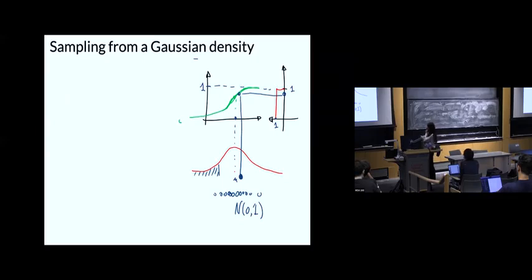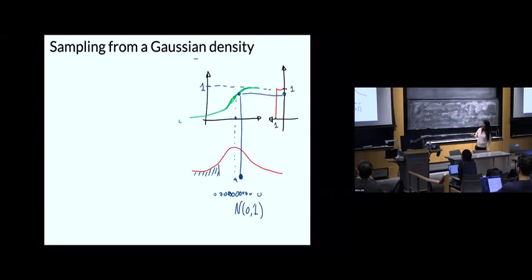Maybe we can say it a little bit better than yesterday. So how do we sample from a Gaussian distribution if we have access to a uniform distribution? Well, the first thing is we form the CDF, the cumulative distribution function. What is the cumulative distribution function? It's a function that on the x-axis has the domain of your distribution, the different elements, and on the y-axis has the probability that a value sampled from your distribution will lie to the left of that value on the x-axis.